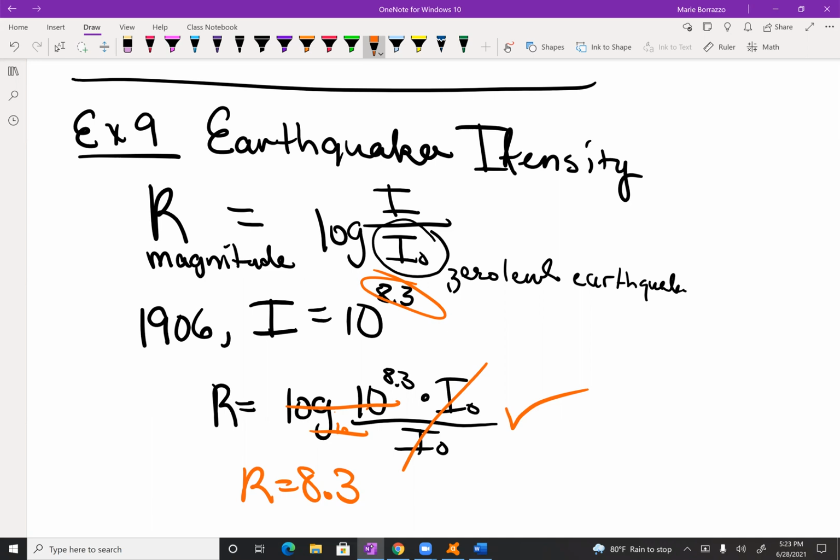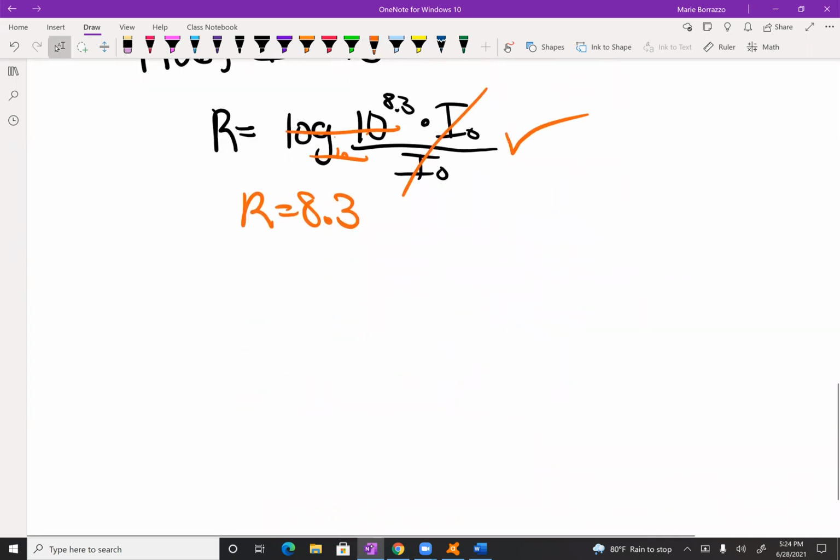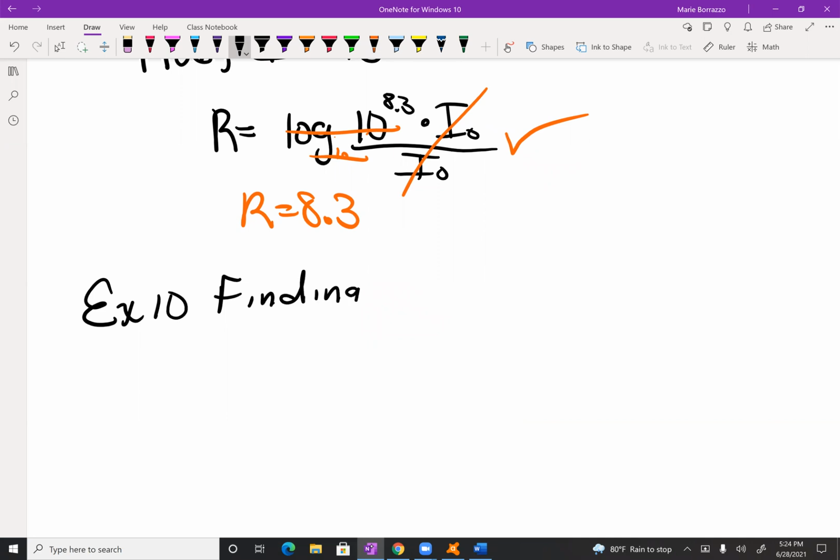I could technically skip example 11 because it's another substitution question, but number 10 I want to definitely show you. So example 10 is finding the domains of natural logarithm or natural logarithmic functions.